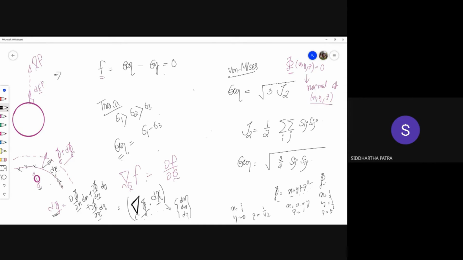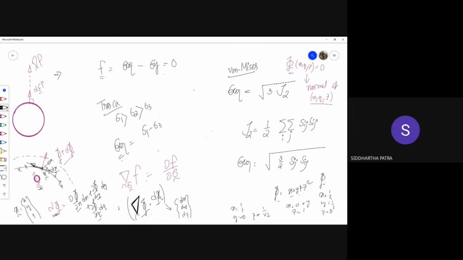And if you move tangentially, so you are at this coordinate x, y, and z represented by this x vector, if you move tangentially to the surface, you have the least variation of phi.